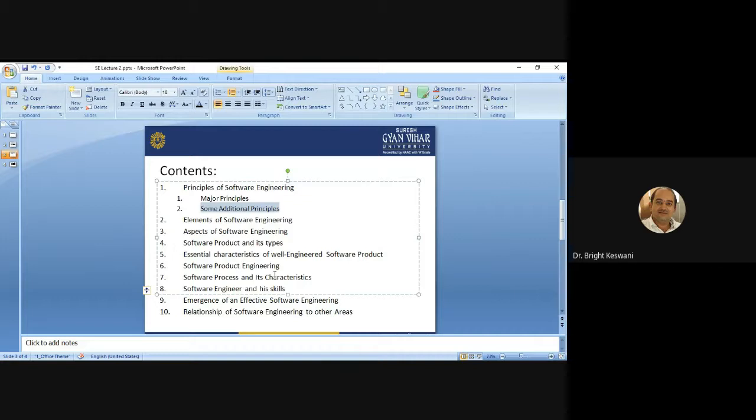Okay, so these are some additional principles which are suggested by many scientists from time to time. And the last additional principle is expect excellence.